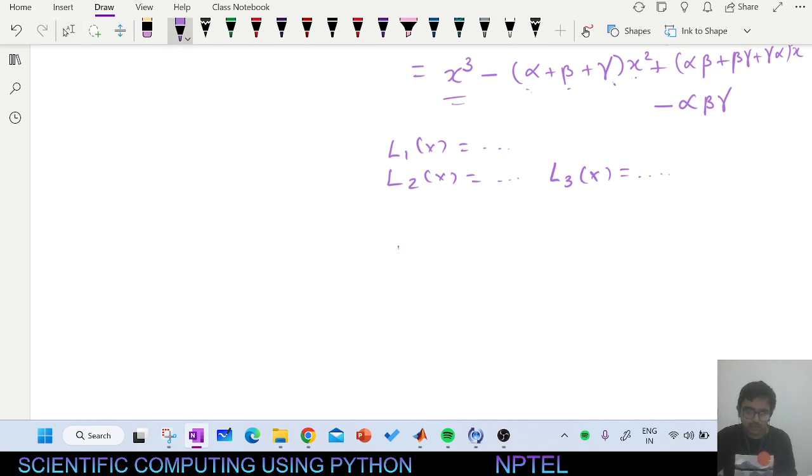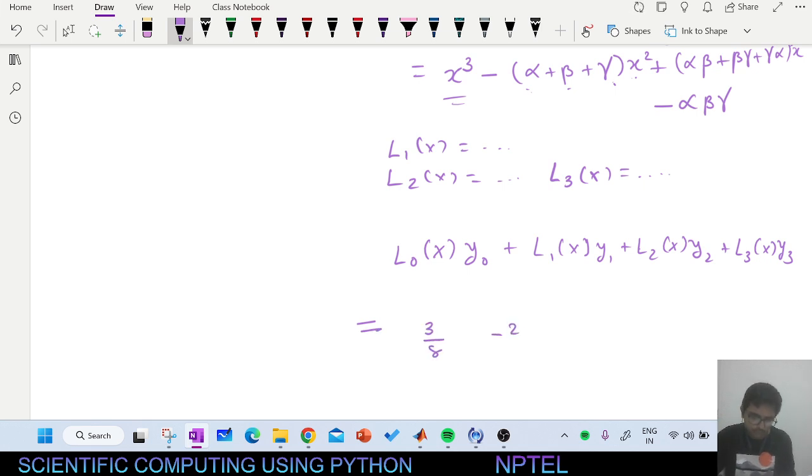And then just sum over all x with y0. L1 of x, y1, L2 of x, y2 plus L3 of x, y3, and the final answer would be 3 by 8 minus 22 by 8 and 6 x square x and plus.